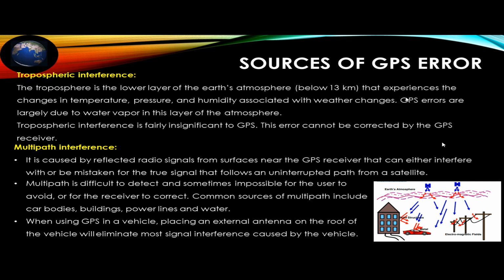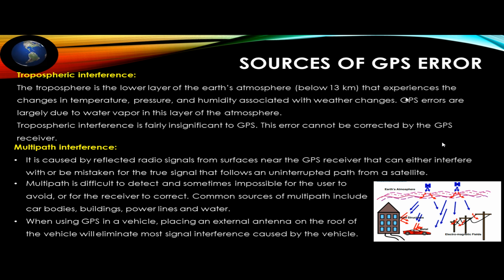It is caused by reflected radio signals from surfaces near the GPS receiver that can either interfere with or be mistaken for the true signal that follows an uninterrupted path from the satellite. Multipath is difficult to detect and sometimes impossible for the user to avoid, because you are standing there capturing the positioning information.